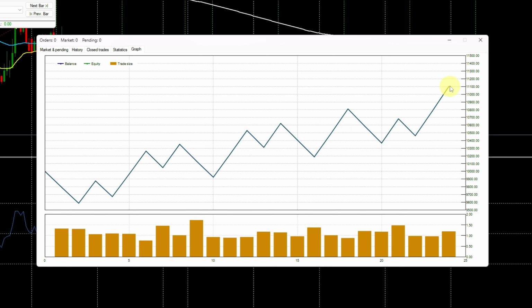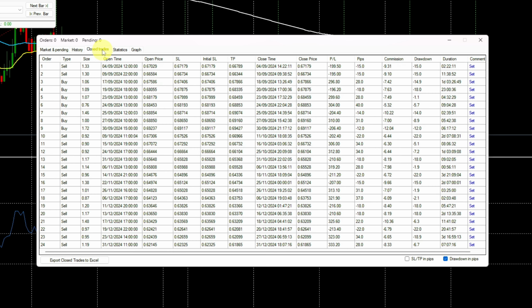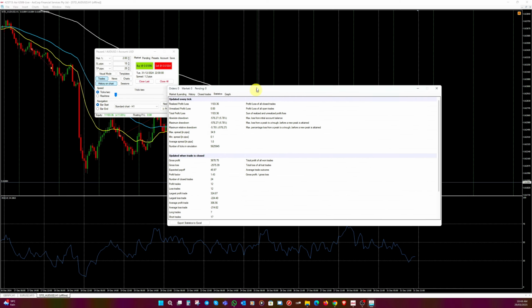So that's how we ended up winning in the end. Number of trades we had was actually 24 trades, a lot more than previous experiments that I've done, where we've done it in only like 5 or 6 trades.